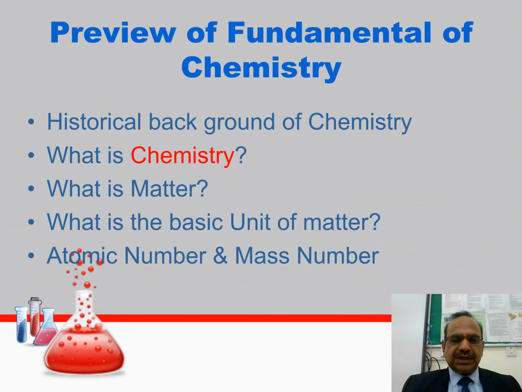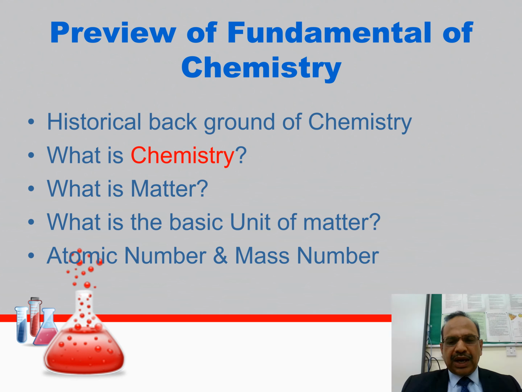Simply, chemistry is the study of matter. We study the chemical changes in matter, the composition of matter, and the properties of matter. So, we must know about matter. Anything which has mass and occupies space is called matter. What is the basic unit of matter?